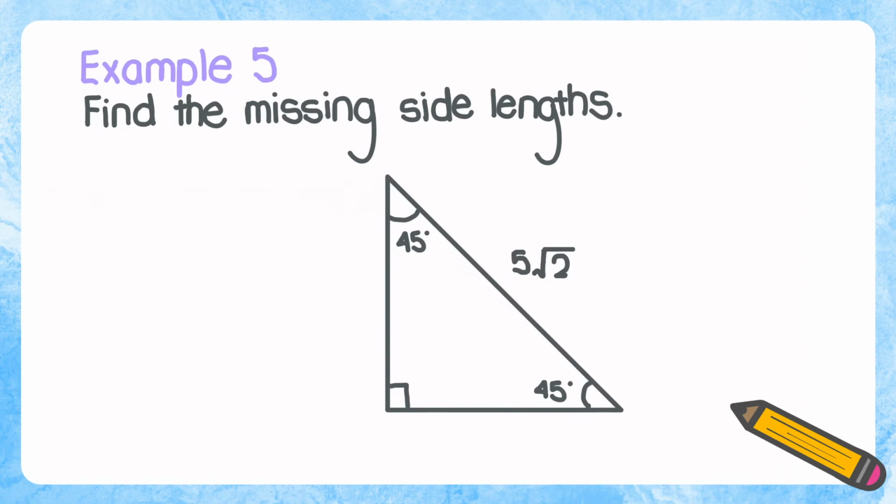Okay, let's look at example 5. We're going to find the missing side lengths of this 45, 45, 90 triangle. What's different about this example compared to the earlier examples? In this example, we're given the hypotenuse length, which is 5 radical 2, and we have to find the missing lengths of the legs. This is pretty simple.